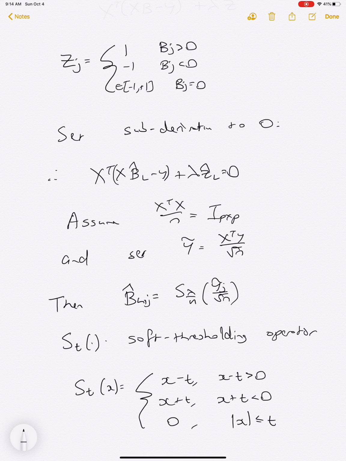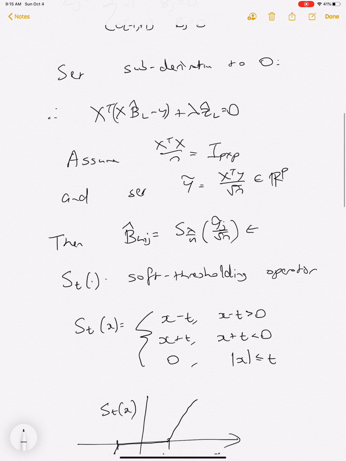The reason why we do this is because you get this very nice form where you can break things down by coordinate. So beta hat Lj, just one coordinate of beta hat L, can be expressed in terms of y tilde j, because remember y tilde is now a p-dimensional vector, so this is in R to the p. And the way we relate them is through this soft thresholding operator.